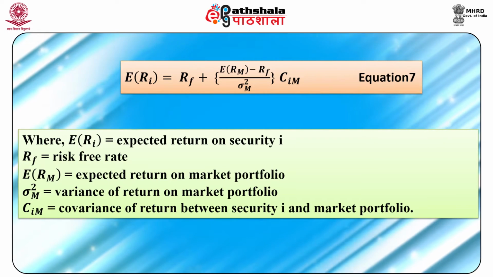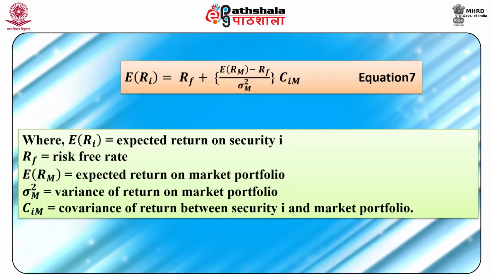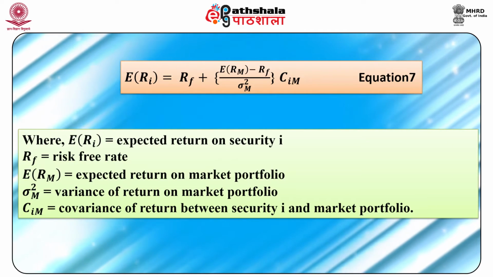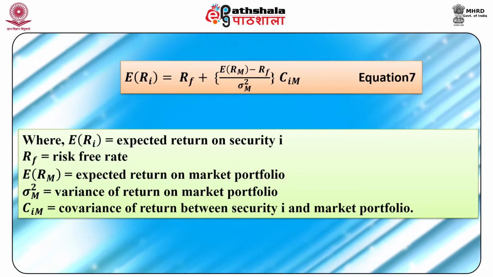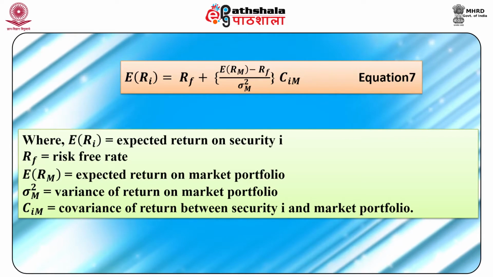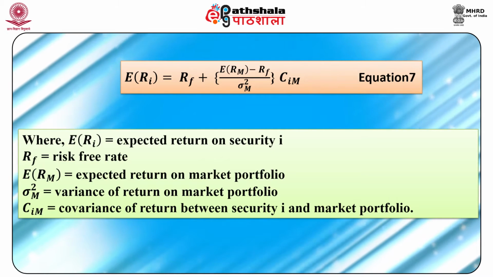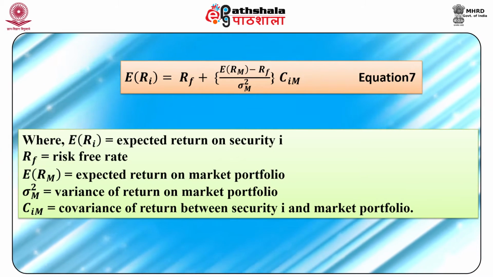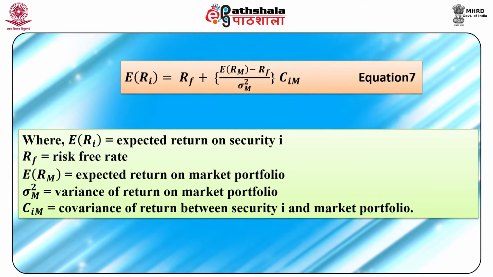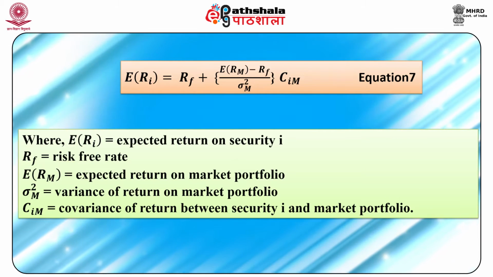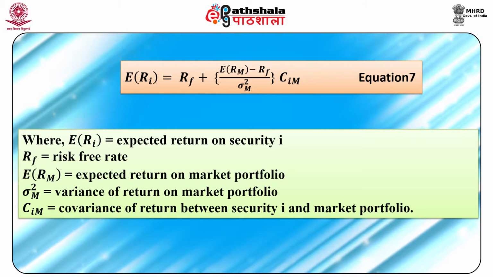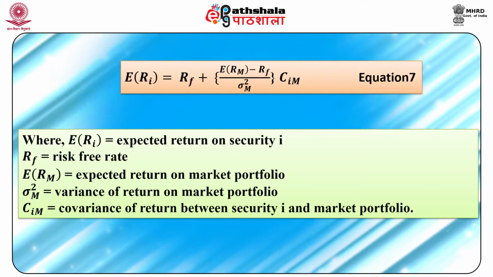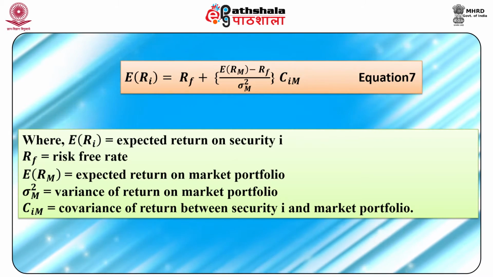This is called, as I said, equation 7, where E(Ri) is the expected return on security i, Rf is the risk-free rate as explained earlier, E(Rm) is the expected return on market portfolio, σm² is the variance of return on market portfolio, and Cim is the covariance of return between security i and market portfolio.